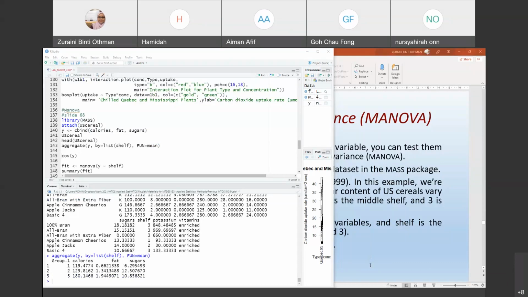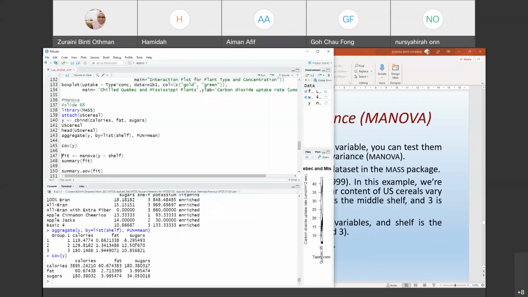And cov is a function that provides the variance and covariance across cereals. Let's see what this cov gives us: calories, fat, sugar. This function provides variance and covariance across cereals. So calories versus fat, fat versus calorie.